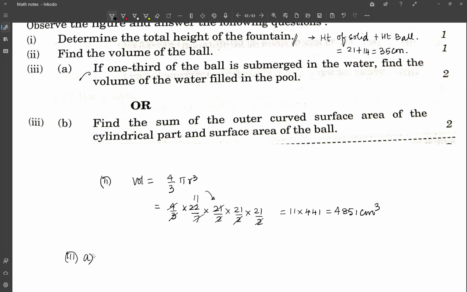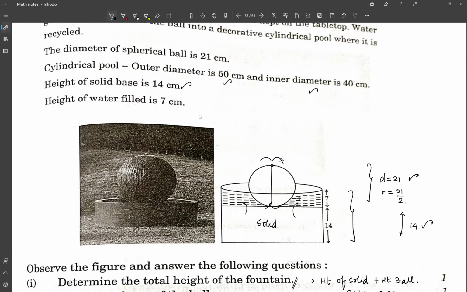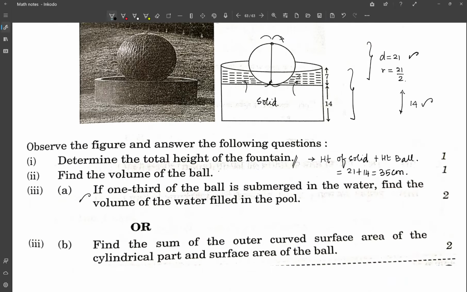So, all those questions involved a bit of the Archimedes principle where an object dropped into the liquid makes the liquid either rise in level or the liquid emerges out of the container. But look at this question very carefully. If 1/3 of the ball is submerged in water, there is no spillage of water. If you read this question carefully, there is no spillage of water ever mentioned.